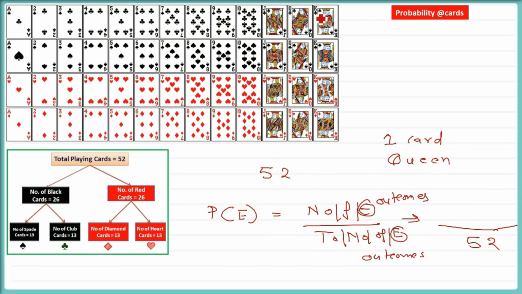In these 52 cards, there are 4 queens, 1 queen in each suite. So the favorable event count is only 4. That is, from these 4 queens, 1 can be picked. So the favorable is 4 and the total number of outcomes is 52. 4 divided by 52 is 1 by 13. And this is the probability of getting a queen if one card is picked from the deck of 52 cards.